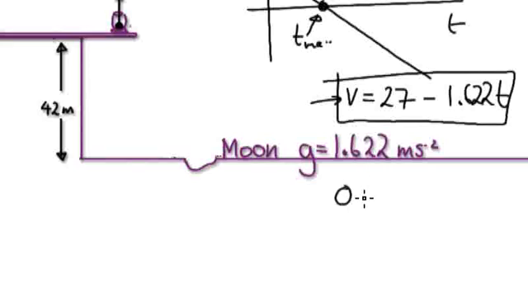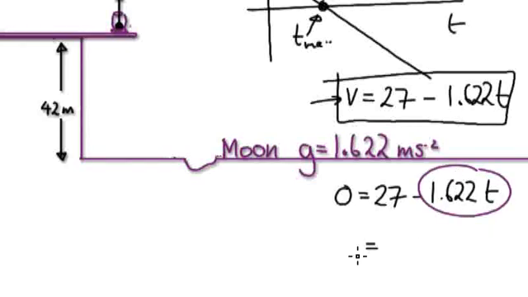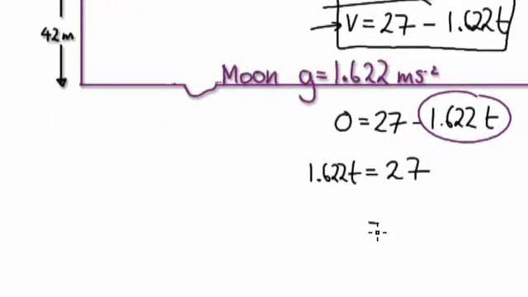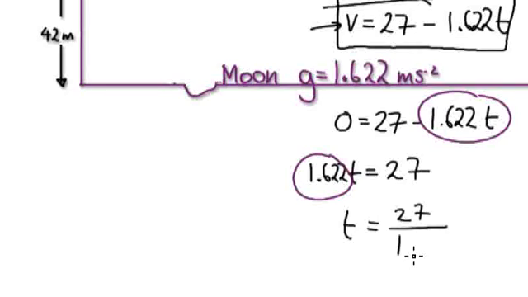So 0 equals 27 minus 1.622 t, and then add this thing to both sides. So this will be 1.622 t equals 27, and then divide both sides by this thing here. So t equals 27 divided by 1.622.